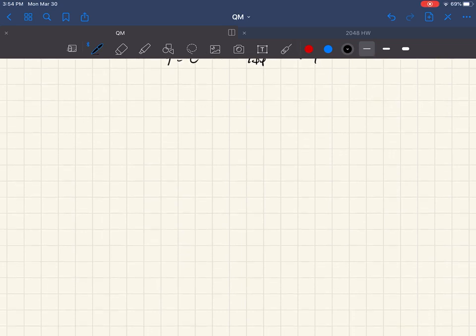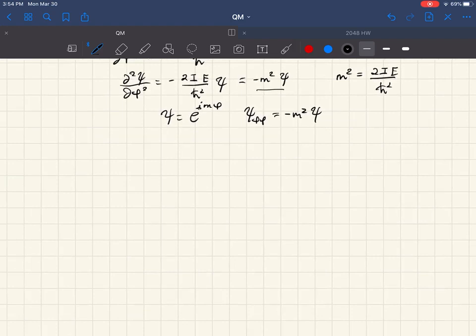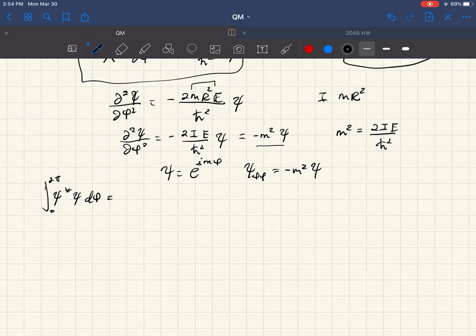Okay. So let us go ahead and normalize this first. Well, taking the modulus squared of this just gives us N squared, integrated from 0 to 2 pi, and that should be equal to 1.